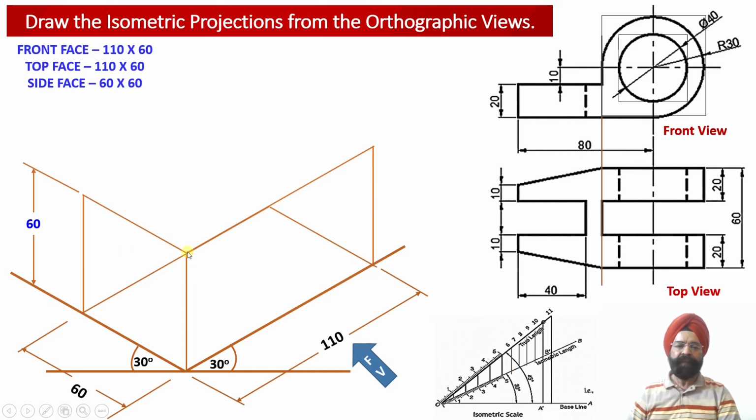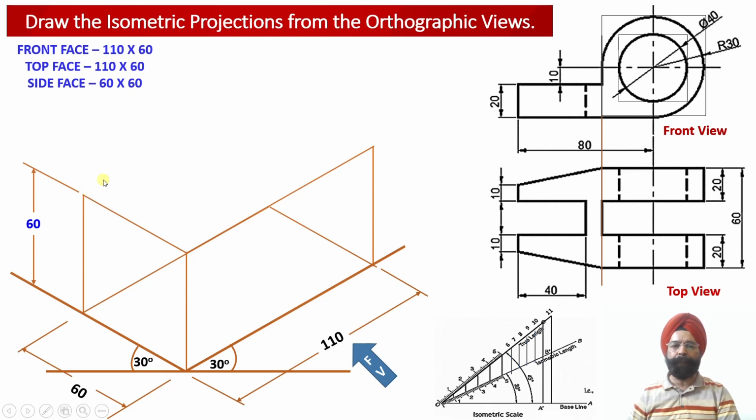So this way the isometric front face of the solid has been appropriately obtained into the isometric projections, and we can check the dimensions over here. It has 110 millimeter length of the solid and 60 millimeter height of the solid.